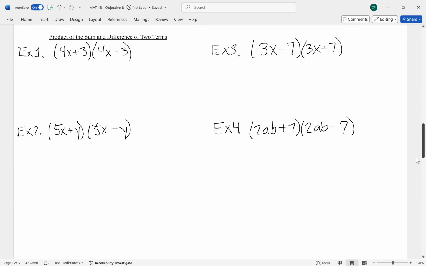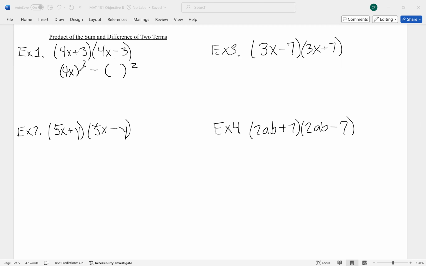So for example 1, we're going to do the product of the sum and difference of two terms. So we have 4x plus 3 and 4x minus 3, okay? So we want to look at that first and second term. When we do this method, this is what we're trying to figure out: the square of the first term and then the square of the second term.